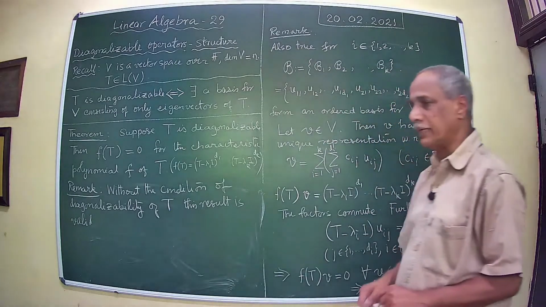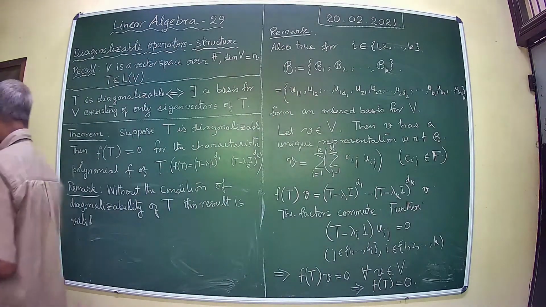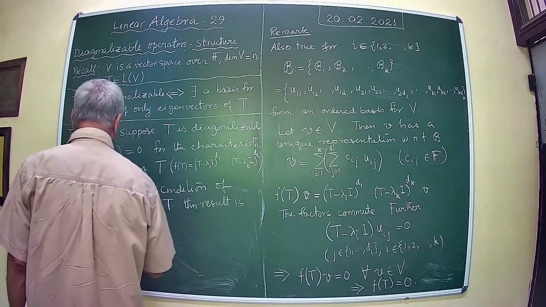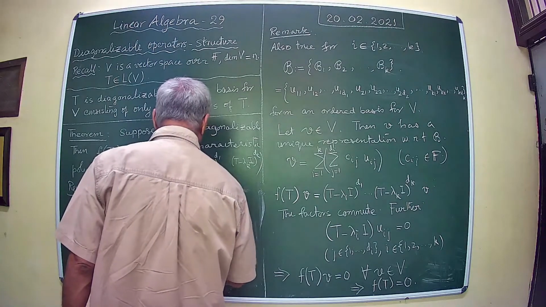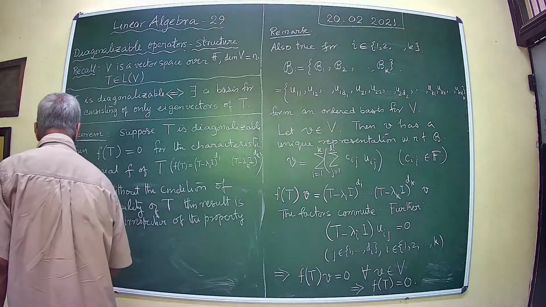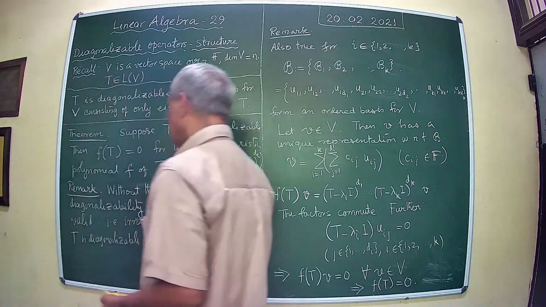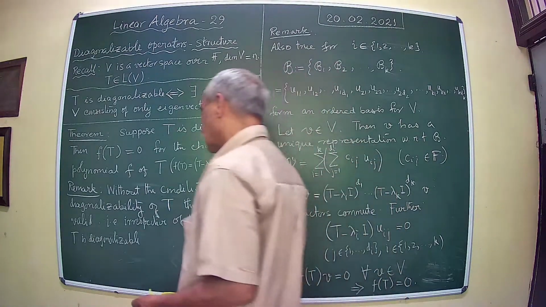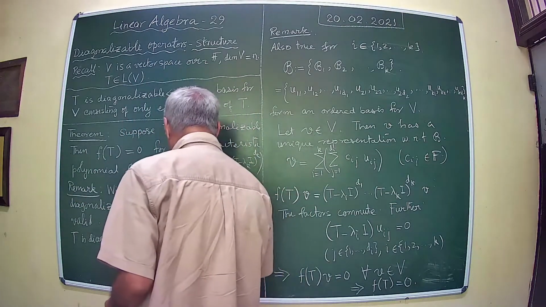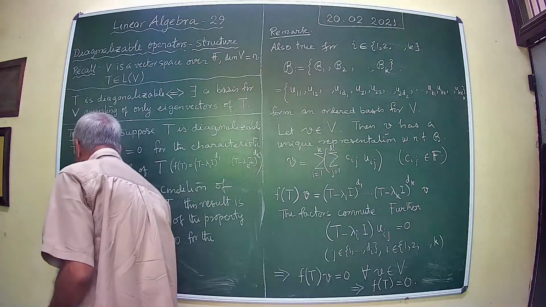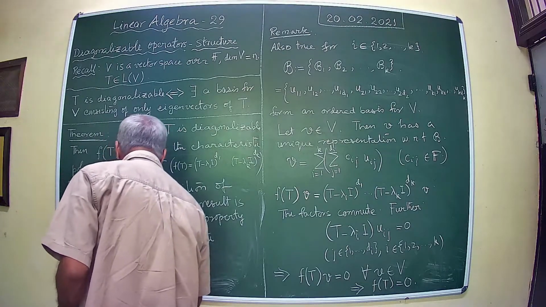That is, T is a zero of the characteristic polynomial irrespective of whether T is diagonalizable or not. f(T) equal to 0 for the characteristic polynomial f.